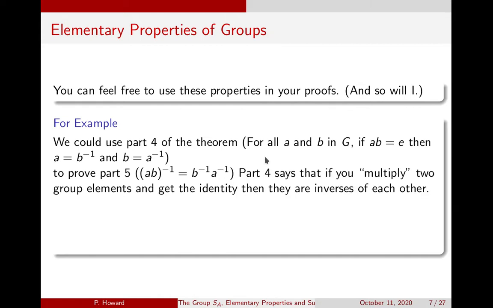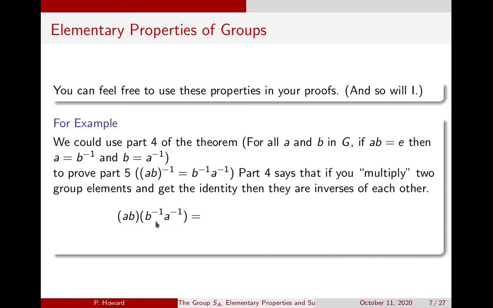So looking at part 4, in order to prove part 5, I'm going to multiply AB by this thing, which I am claiming is its inverse. I'm multiplying AB times B inverse A inverse.